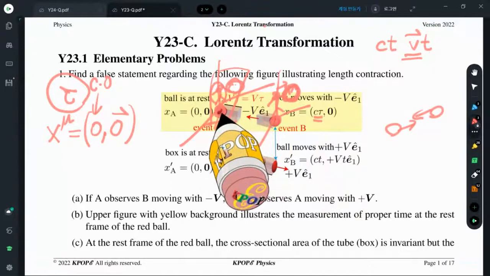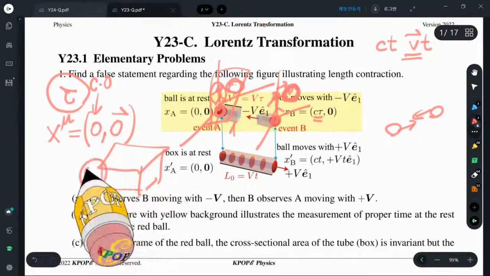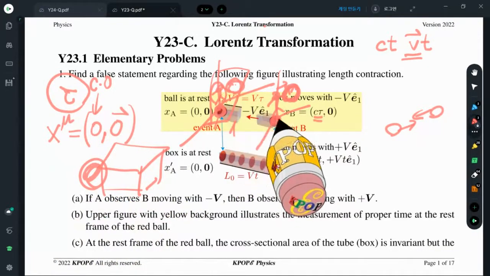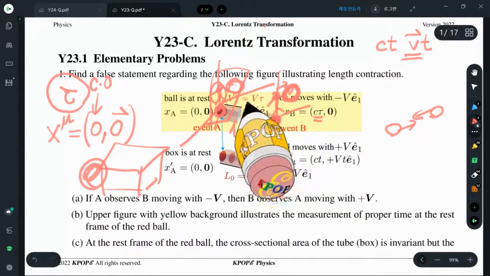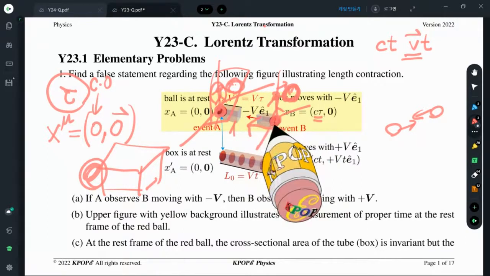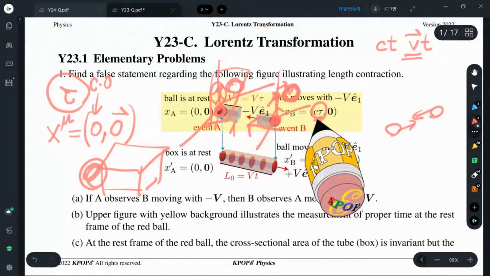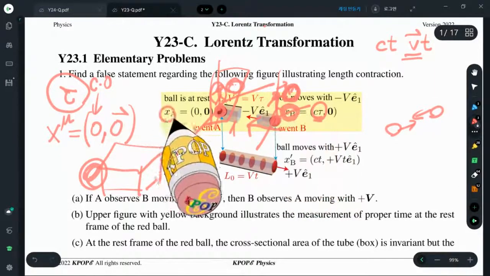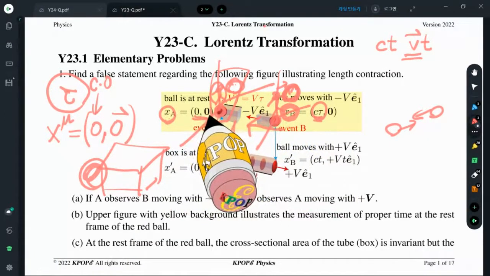The difference is that at the starting point, you just meet the tube at tau equals 0, and the tube passes in this way with minus v, and at the end of the tube you measure the proper time. These are two events. Initially every component, the time and spatial components, are all 0.